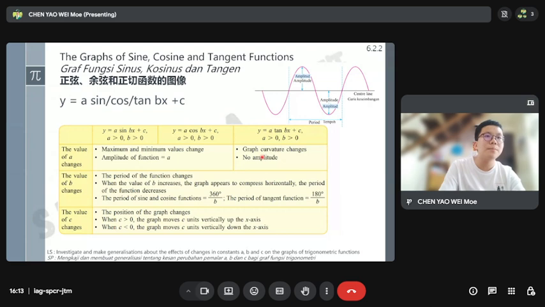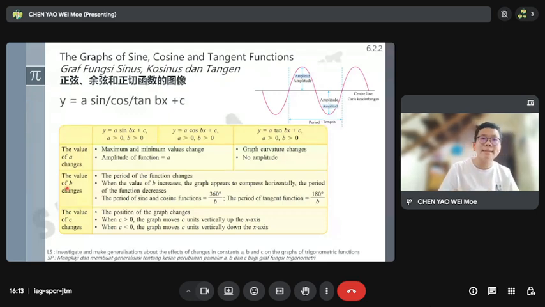For value B, it can be changed. B is actually related to the period, but the period does not equal B. The period equals 360 degrees over B in the sine and cosine functions.